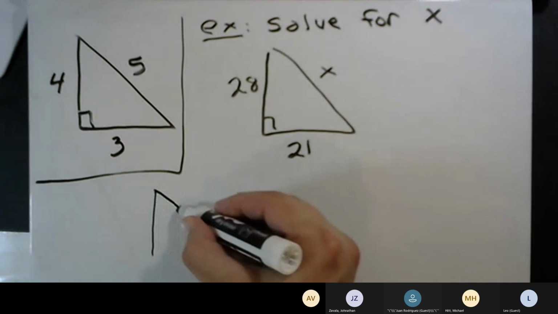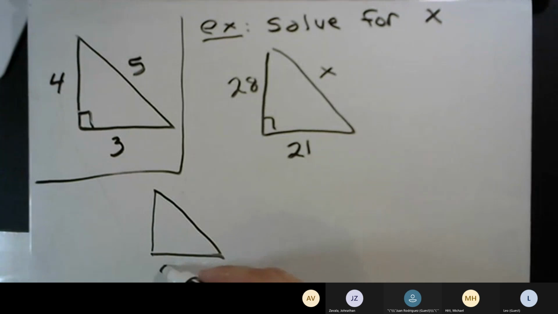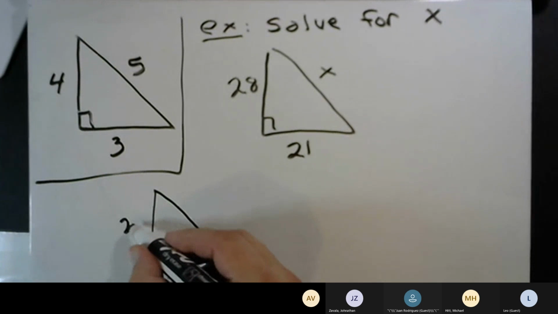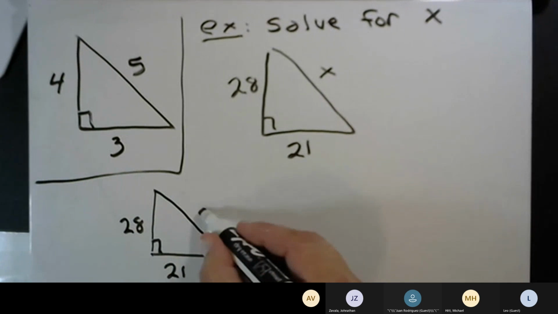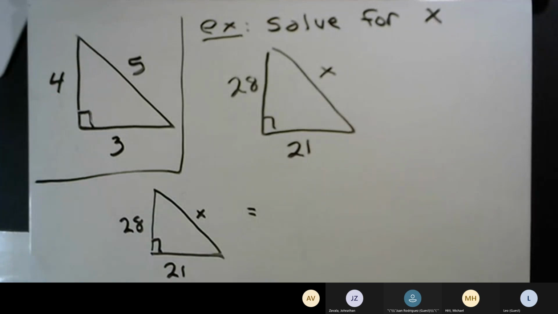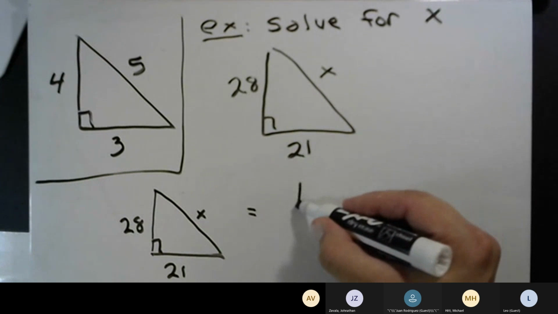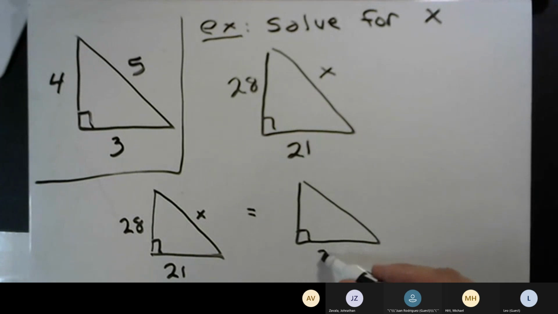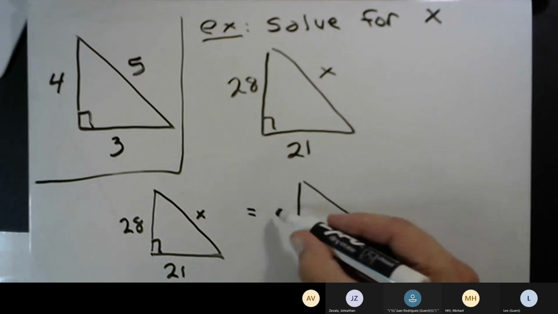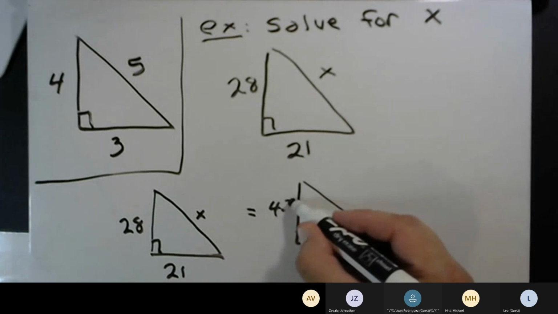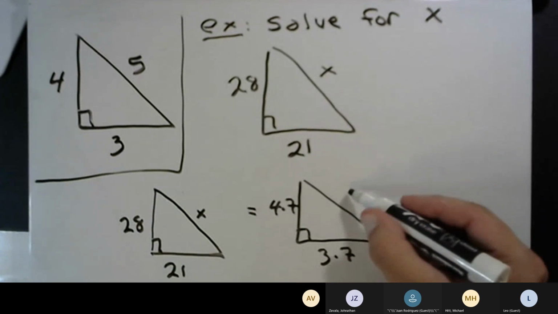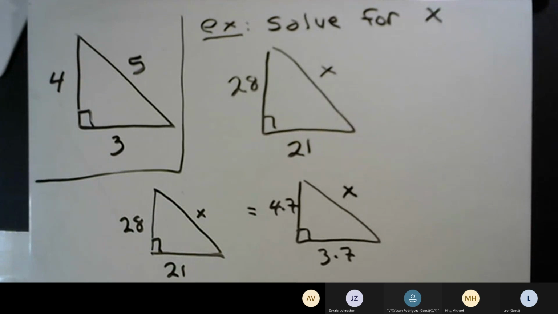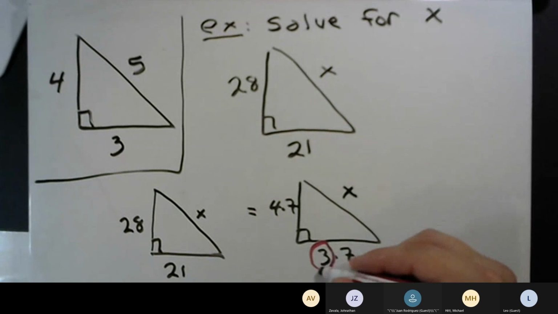So we can rewrite this triangle. 3 times 7. 28 is 4 times 7. Then we have x. We have a 3.